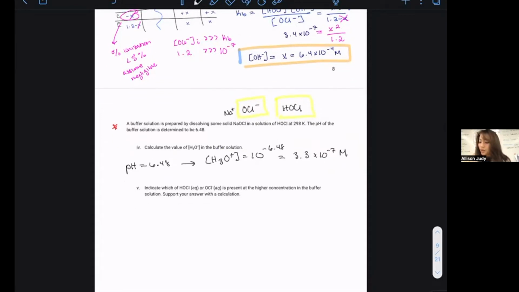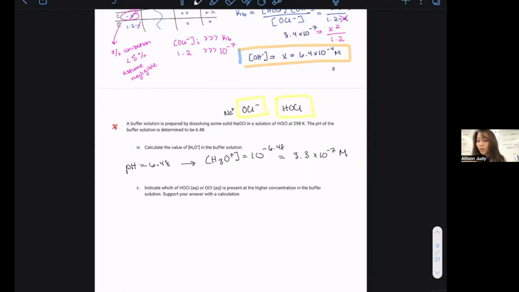Molarity. The second part asks us to indicate which species of the conjugate pair, HOCl or OCl minus, is present in the higher concentration in the buffer. The buffer is in equilibrium, and the equilibrium position can be shifted in favor of one direction versus the other.